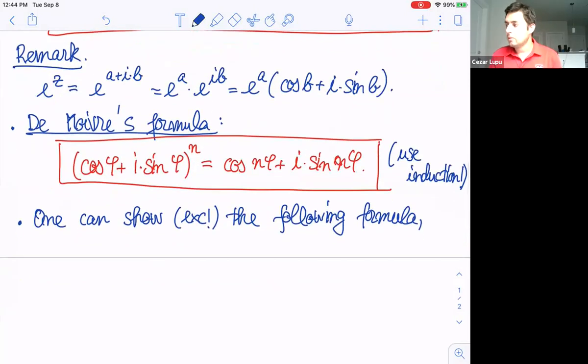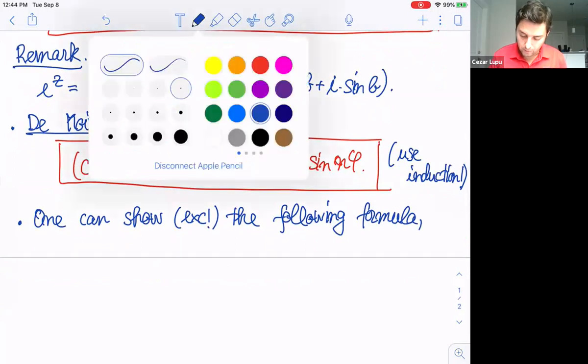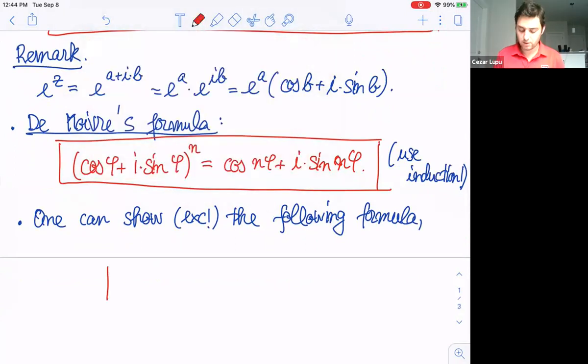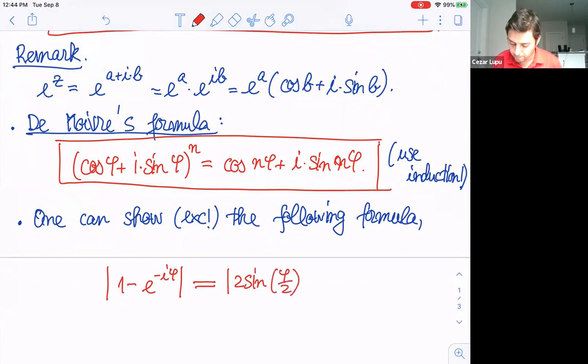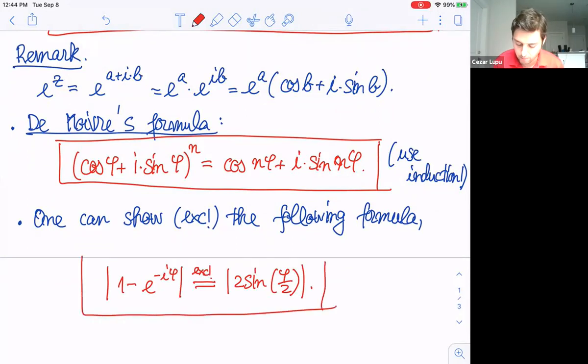If we take the absolute value of 1 minus e to the negative I phi, written in exponential form, this is nothing else than the absolute value of 2 sine of phi over 2. This will be an exercise for you to complete the details, but it is an important formula, which connects the exponential form to the trigonometric form.